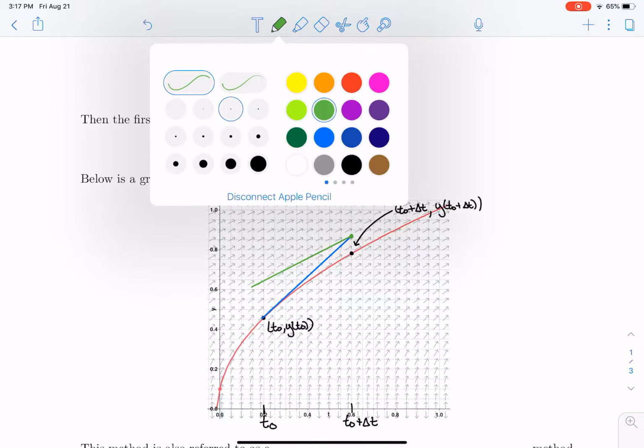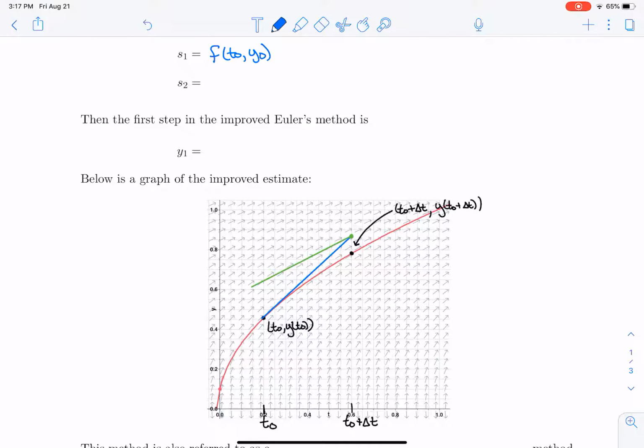So my proposal is that we evaluate the slope at t0 plus delta t, and our estimated point for the solution using Euler's method. And our estimated point was y0 plus s1, our first slope, times delta t.